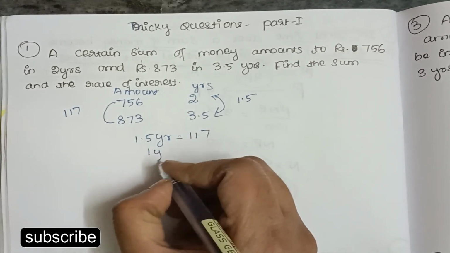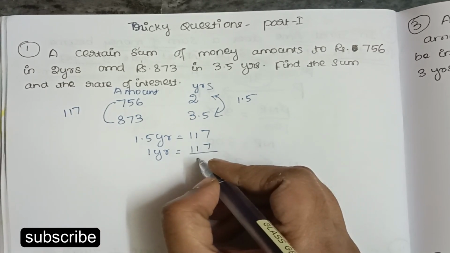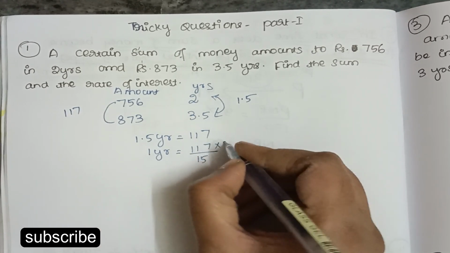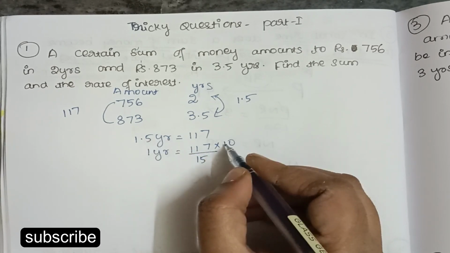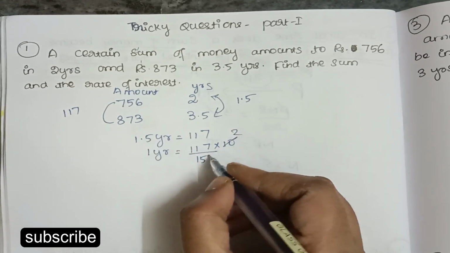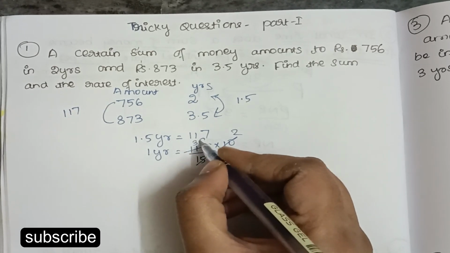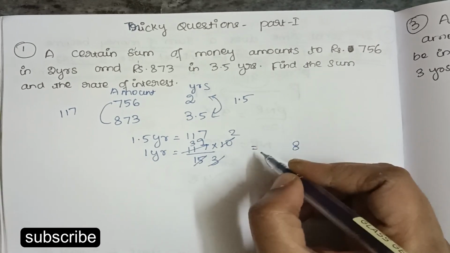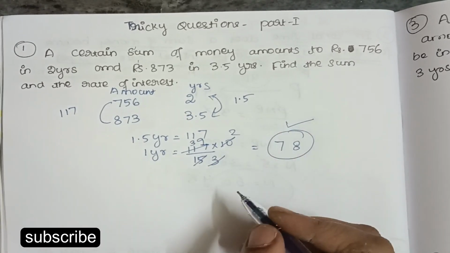So in 1 year, how much does it go? 117 divided by 15 into 10, since 1.5 means 15 by 10. It goes into the numerator. So 3 3s are 9, and in 1 year the interest is 78 rupees.